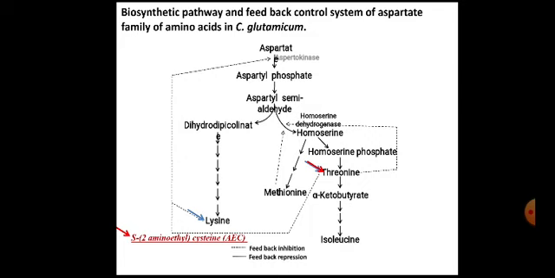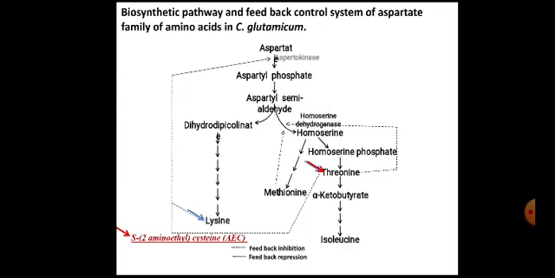But what will be the difference between inhibition of aspartokinase by lysine plus threonine and inhibition by AEC plus threonine? Inhibition by lysine plus threonine is a reversible process, whereas inhibition by AEC plus threonine will be permanent damage to aspartokinase.